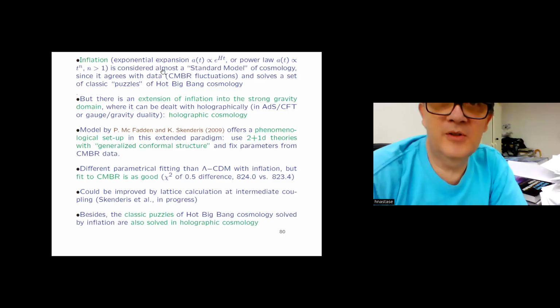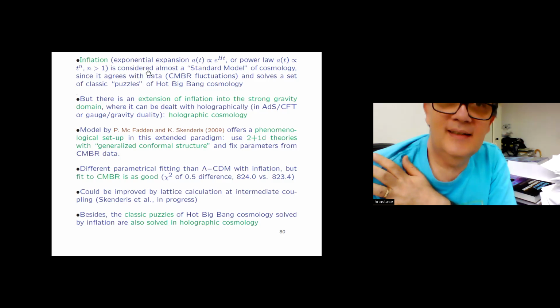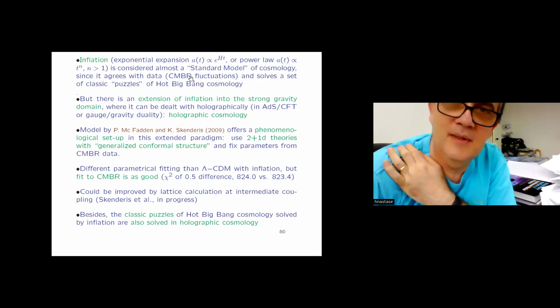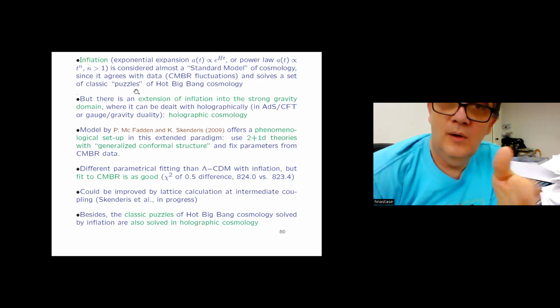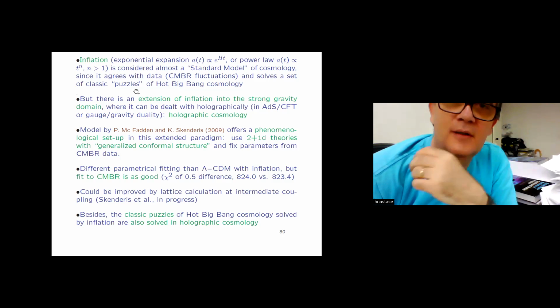This is almost a standard model of cosmology because, among other things, the most important is that it agrees with the data, with the CMBR fluctuations, and solves a set of classic puzzles of the usual hot Big Bang cosmology, the pre-inflationary one.